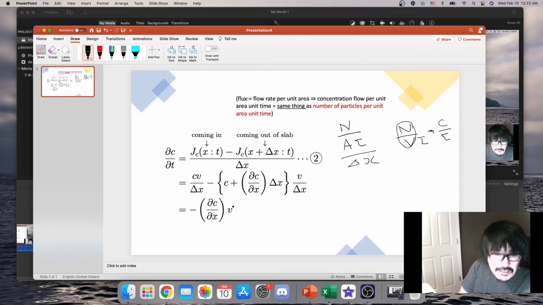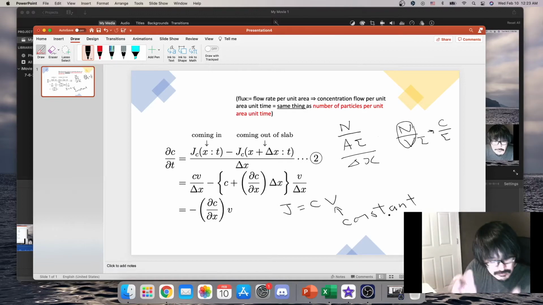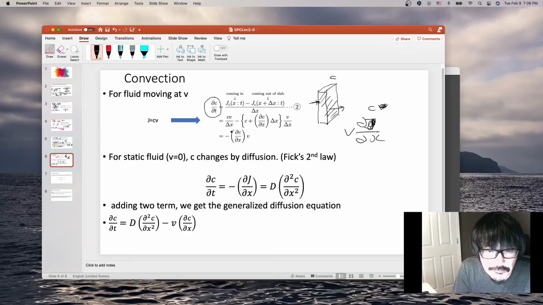If I replace this J by the CV, and then the B being constant. I shouldn't say constant, but the change in velocity is negligible along the two surfaces. Now, that's the convection part.